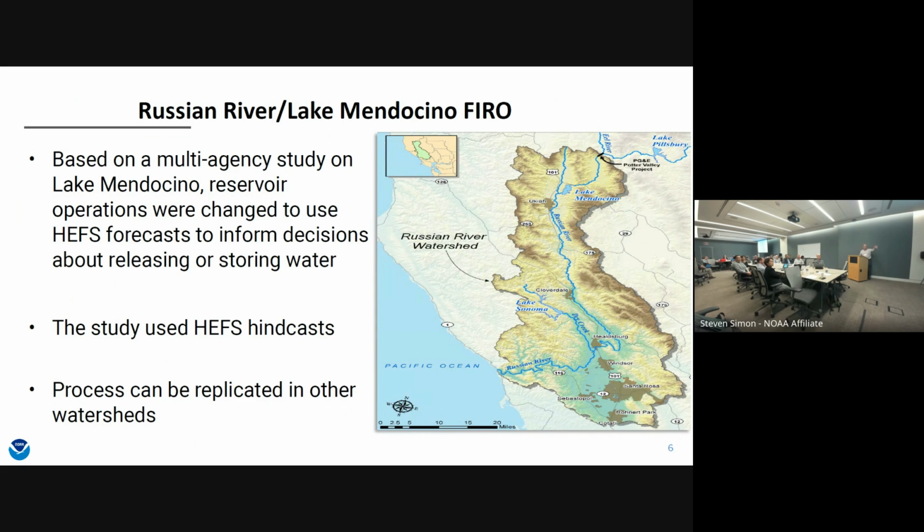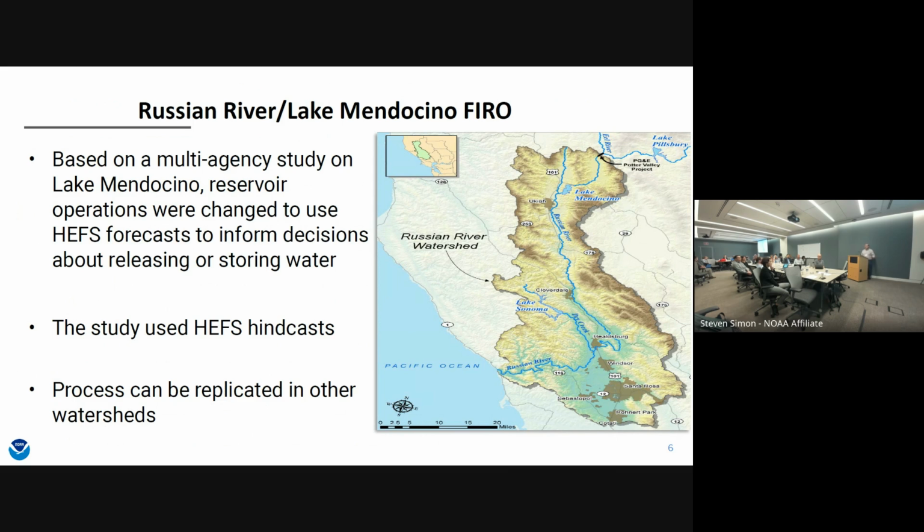So this is a big deal in an area of the country where water is such a critical resource. And this reservoir is supported by multiple agencies at the local, state, and federal level. So it's hard for them to change the way they operate their reservoir.